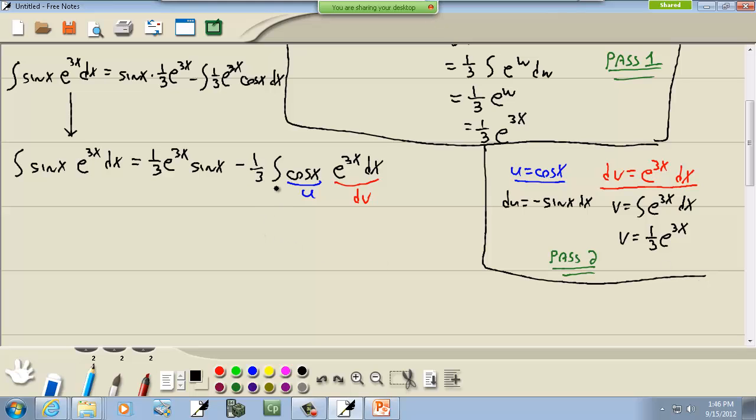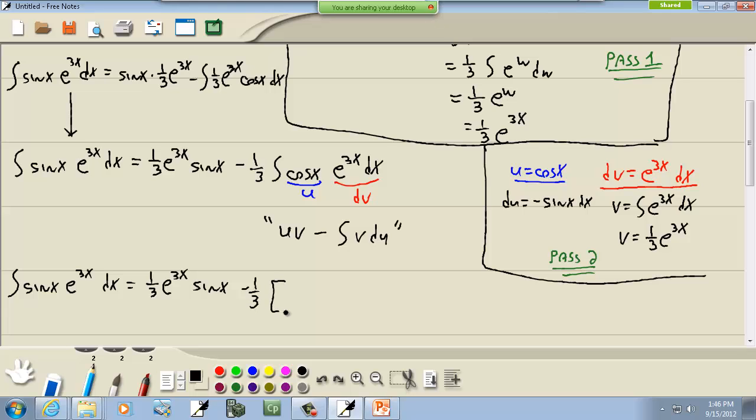Okay. So this part right here at the end, I'm going to rewrite using our formula, uv minus the integral of v du, and everything else is going to carry down. So we've got the integral of sine x e to the 3x dx is equal to 1/3 e to the 3x sine x minus 1/3 times everything that follows it.